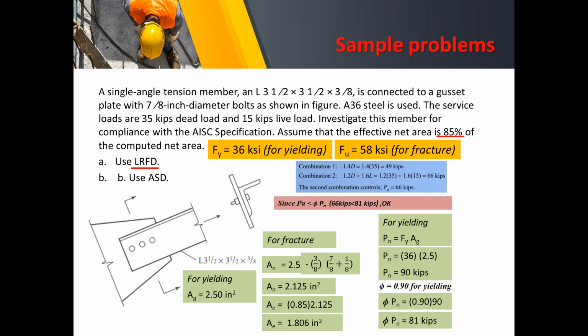Since your factored load of 66 kips is less than your 81 kips, the member is okay, hence it is compliant with AISC specifications. Meaning your member can still resist the service loads given. That is for yielding.